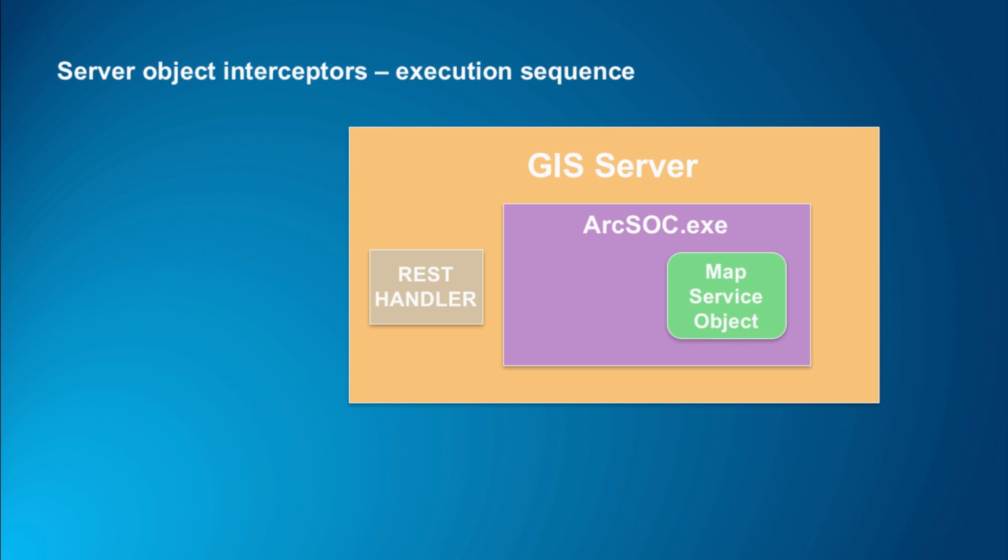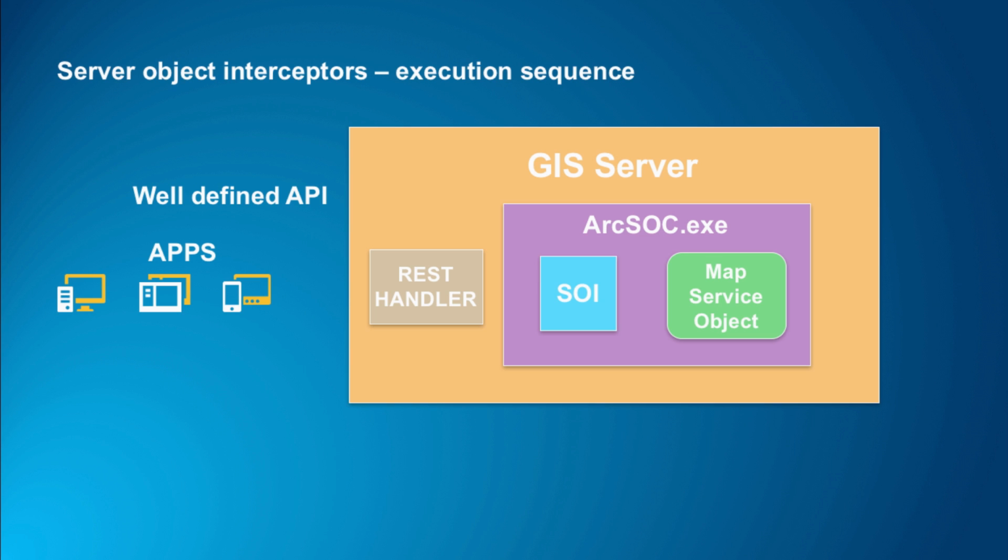Within it is your real map server object. Now this is an object that's tied to a specific map or a specific raster mosaic dataset or raster dataset. So this is what your map service is made up of. This exposes calls from your apps to the map service object.